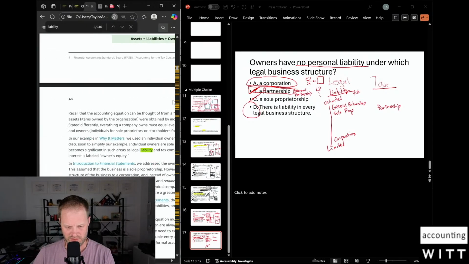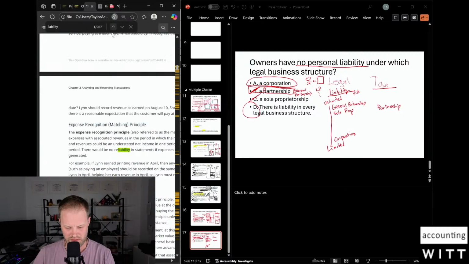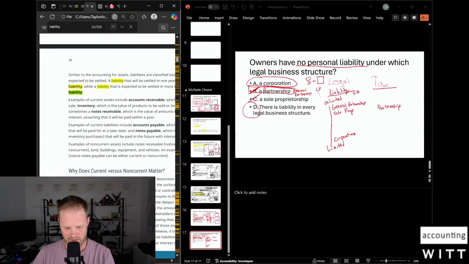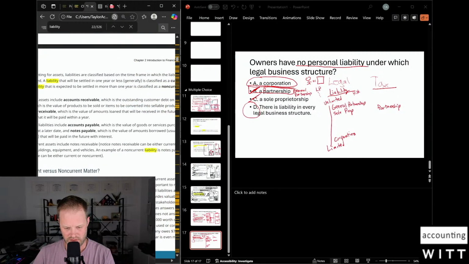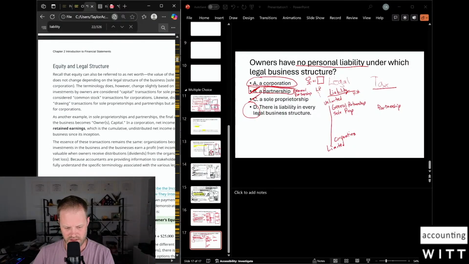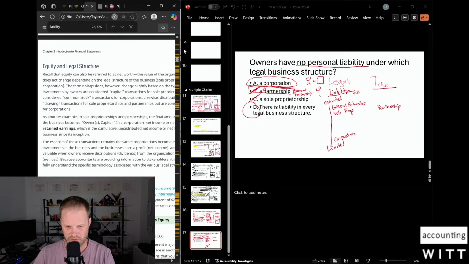Let's get into chapter 3. Entity, legal structure. This is where we want to be.